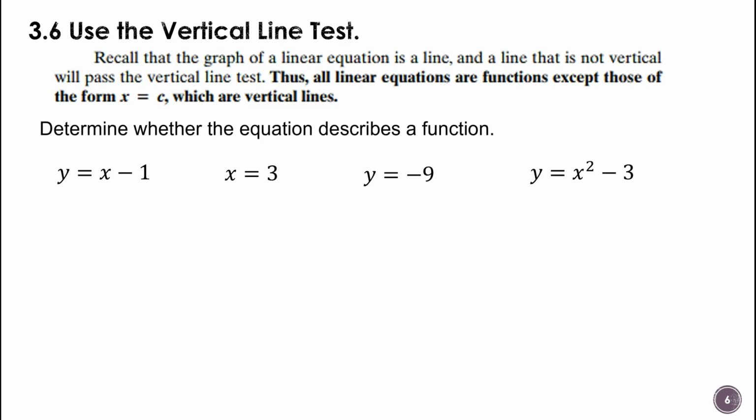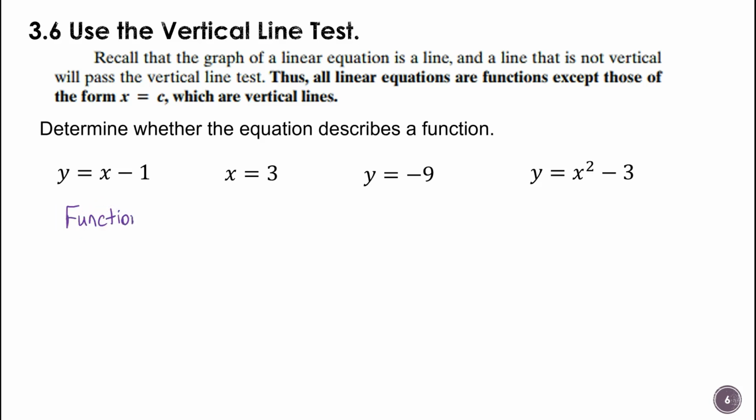All right, so I'm going to go ahead and use these because we're still talking about the vertical line test. Recall that the graph of a linear equation is a line, and that a line that is not vertical will pass the vertical line test. Thus, all linear equations are functions except those that are x equals a number, or x equals c. So the first one is a linear equation, so it is a function.